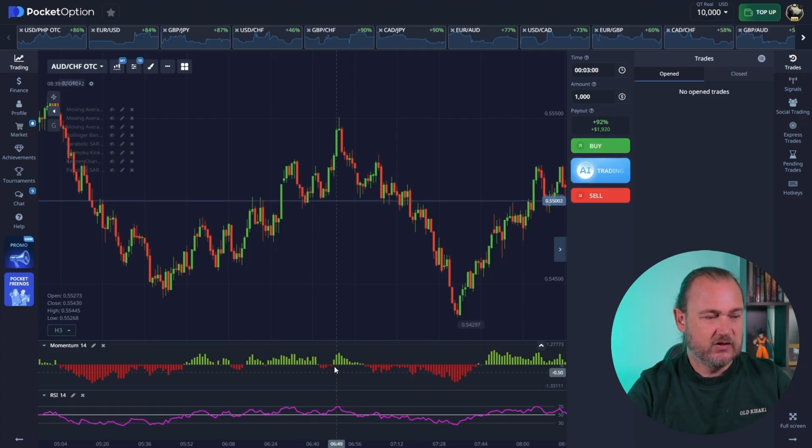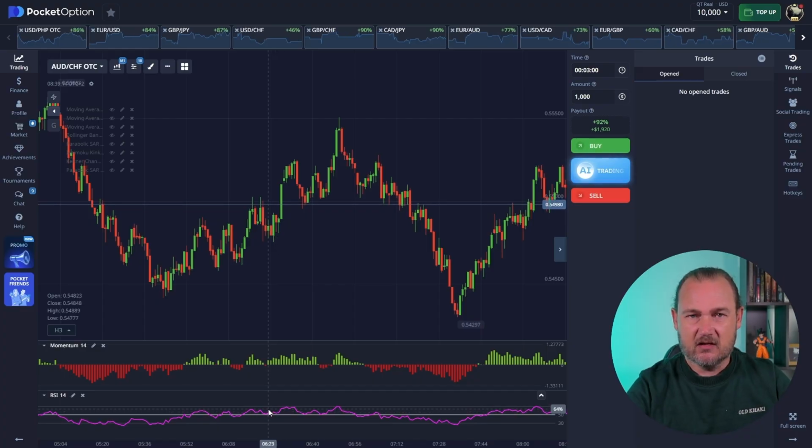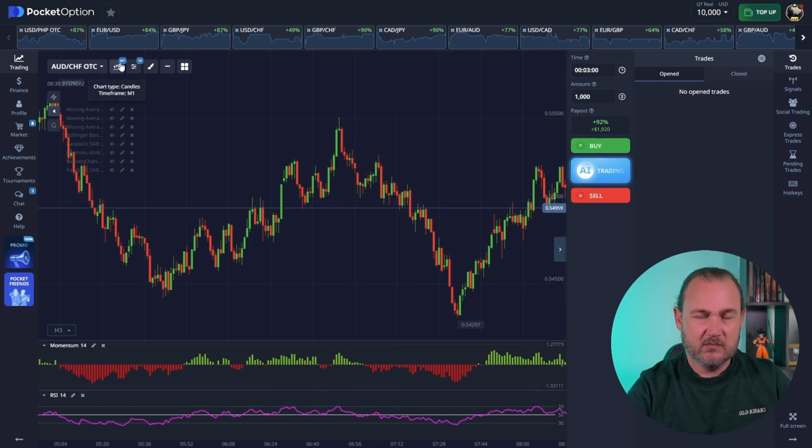But if we look at these areas where the momentum just quickly dipped below into negative and then switched back again, we will notice that this is an area where the RSI tested and rejected the 50 line. So we are going to look for trade opportunities here. We are on a 1 minute chart, and we're going to be looking for 3 minute expiries.